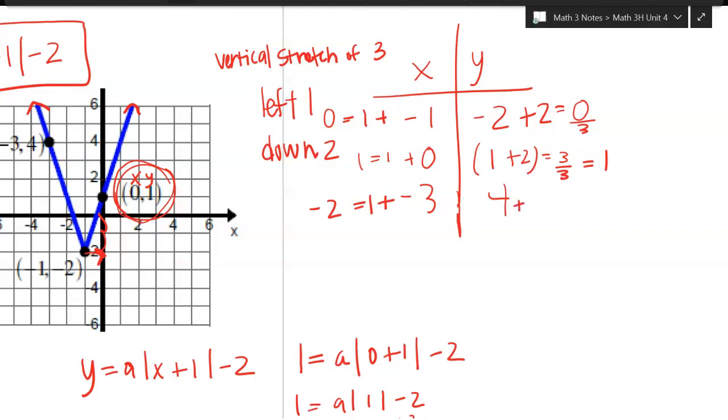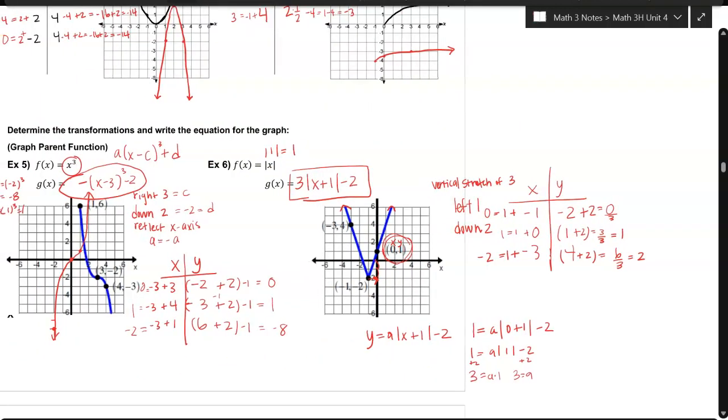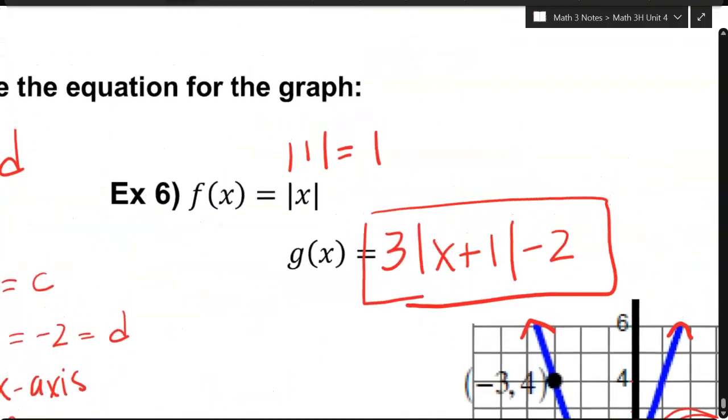And then plus 2. So we get 6. And then divided by 3 equals 2. So at -2, we're at 2. And that checks because if we do absolute value of -2, it is going to be a +2.